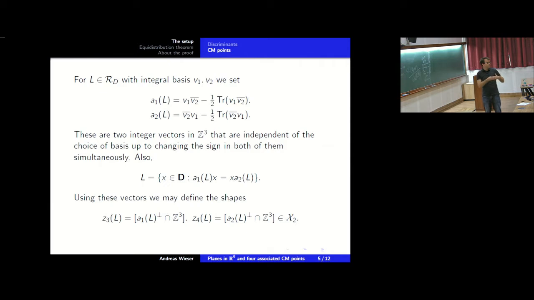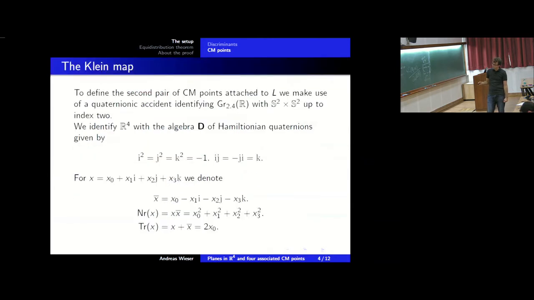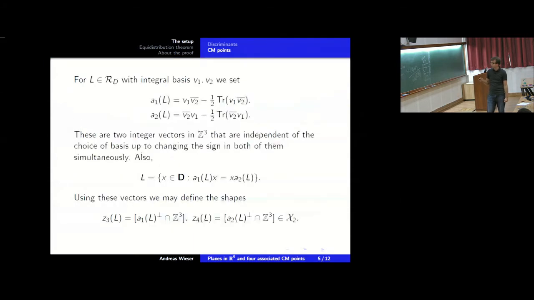Notice that the trace we had before was divisible by 2. Since we started off with integer vectors, this would be an integer vector. We define a second vector in this exact same fashion, and it's not the same one, because of course the Hamiltonian quaternions are not commutative.